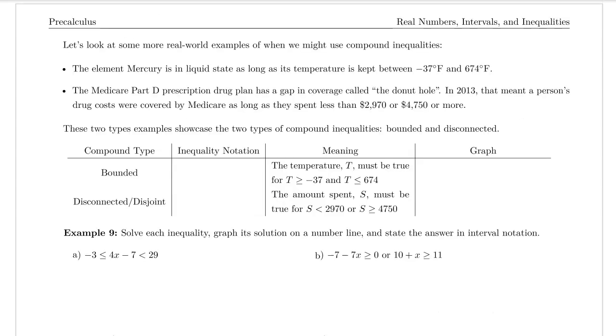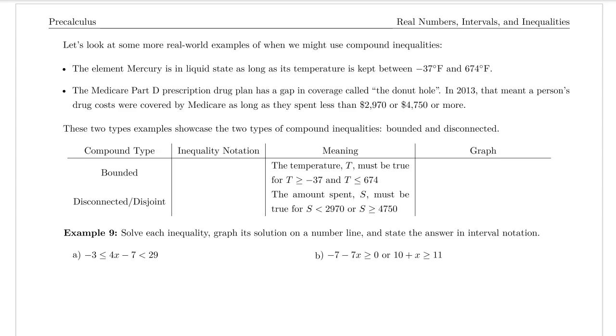Let's look at some more real-world examples of when we might use compound inequalities. So the first example is the element mercury is in liquid state as long as its temperature is kept between negative 37 degrees Fahrenheit and 674 degrees Fahrenheit. So in the table below, this is an example of a compound inequality that is bounded.